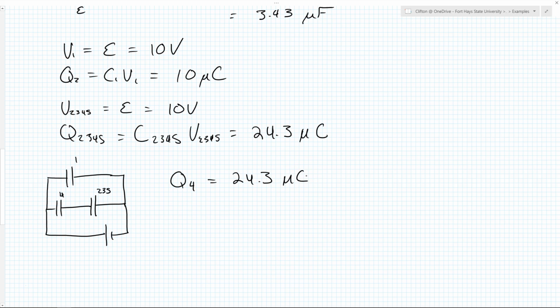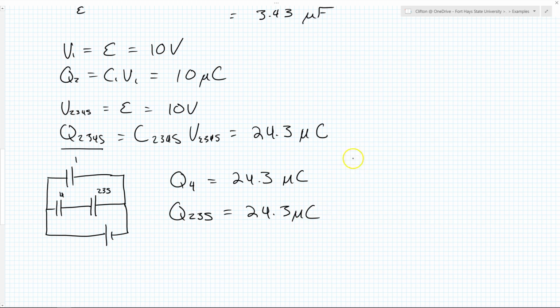It's not equal to half of that 24.3 or some fraction of that 24.3. When I break up the capacitor into two capacitors that are in series, the charge on each is the same. So that means that the charge on 2, 3, 5 is also equal to 24.3 microcoulomb.